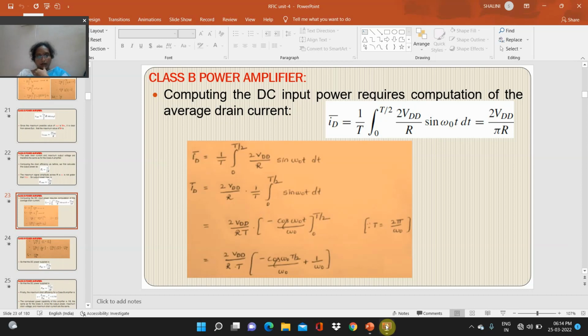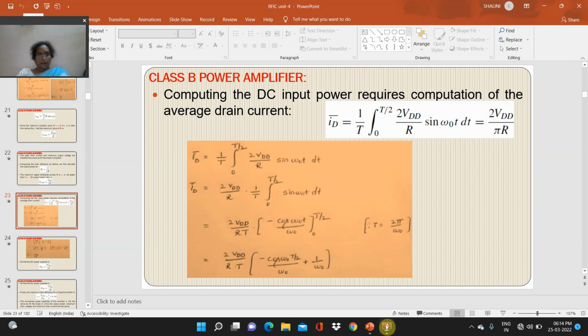ID bar is equal to 2 VDD by R into 1 by T, 0 to T by 2, sin omega naught t dt. That is 2 VDD by RT of minus cos omega naught t by omega naught, from 0 to T by 2.